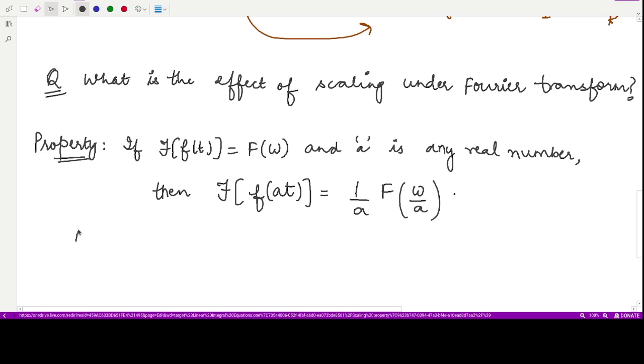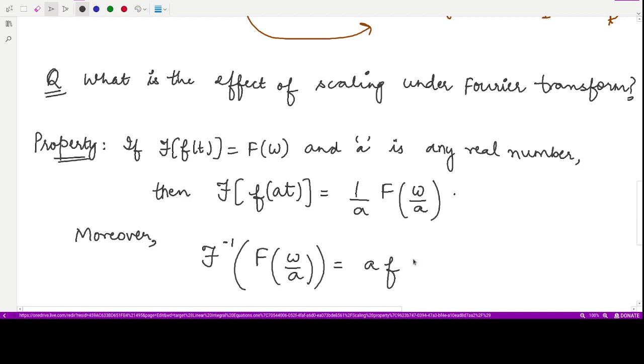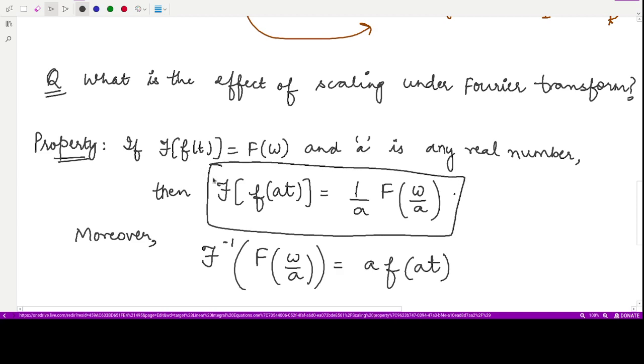And in a similar manner we can also define this property in the reverse direction. So in the inverse sense, the Fourier inverse of capital F of omega by a is equal to a into small f of a t.